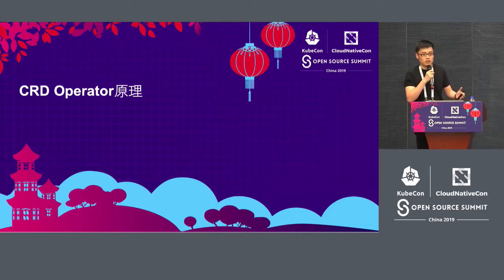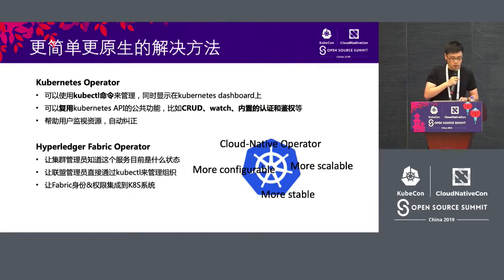So what we want to do is to provide a consistent control so as to deploy the consortium chain. So that is why we think that the operator can help this. So what is the operator? To put it simply, it is a kind of tool.